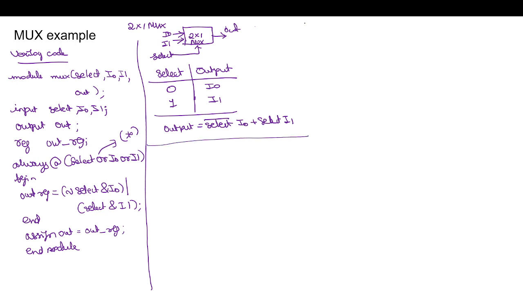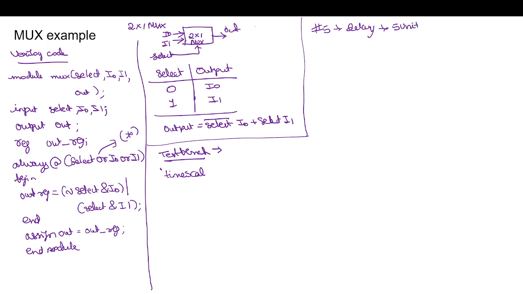Now let us write the test bench for this. So here I will discuss timescale. Usually when we were saying #5, we were saying it as a delay and we were mentioning it as 5 units.